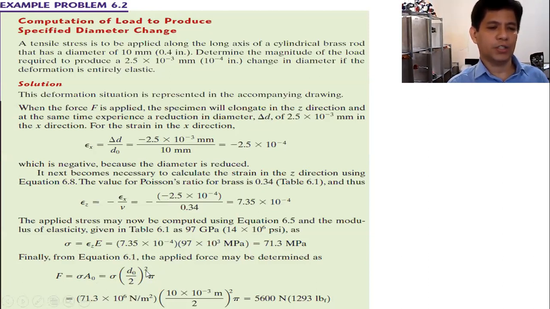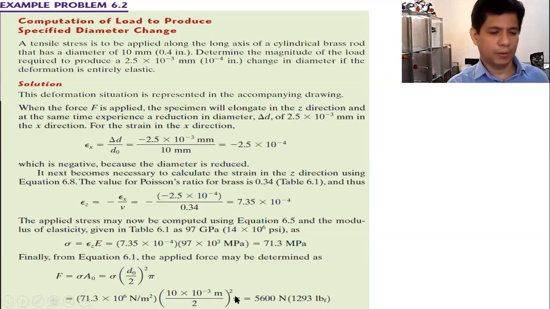Just multiply the 71.3 megapascal, where mega is 10 to the 6, by the area. The given diameter is 10 times 10 to the minus 3 meters, where milli is 10 to the minus 3, divided by 2, squared, times pi. The result is around 5,600 newtons or 1,293 pounds force.